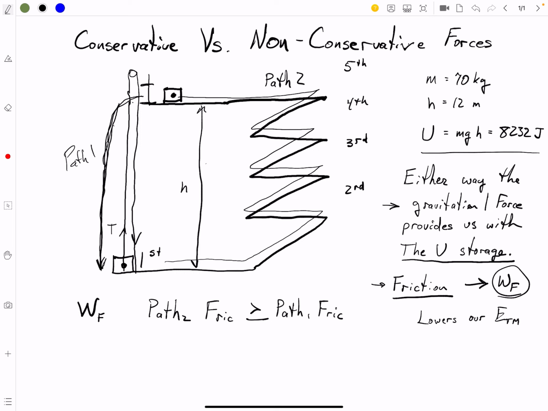Okay, so since we know one stores potential energy and one does not, it just lowers our total mechanical energy, we can say that of the 2 forces, gravity is conservative because it allows us to conserve energy.